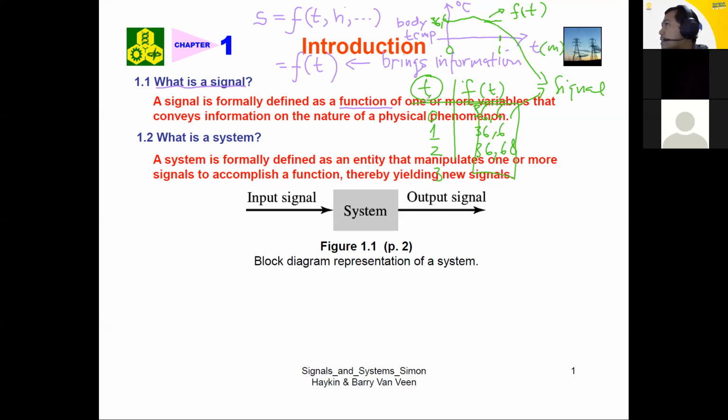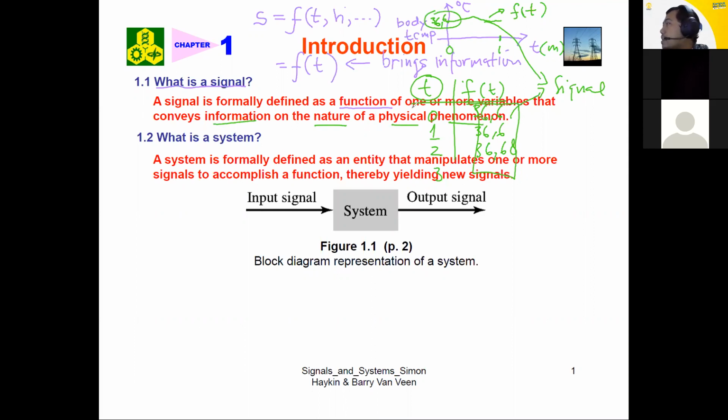This variable is t, that conveys information. What kind of information? The information is that the body temperature is 36.6, which means that you are all in healthy condition. So, on the nature of a physical phenomenon: what is the physical phenomenon? This is the physical phenomenon.